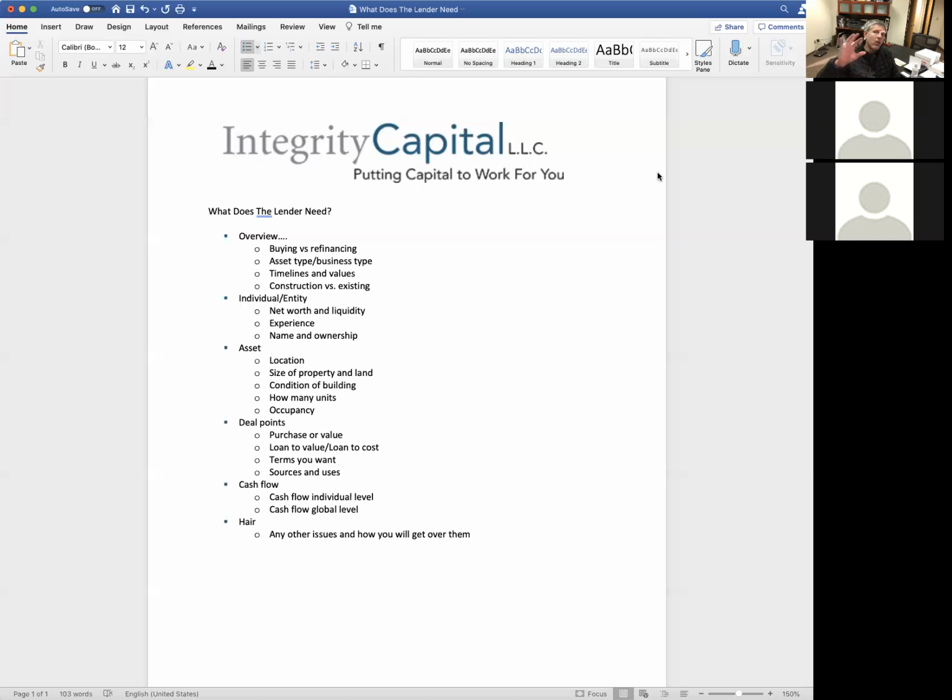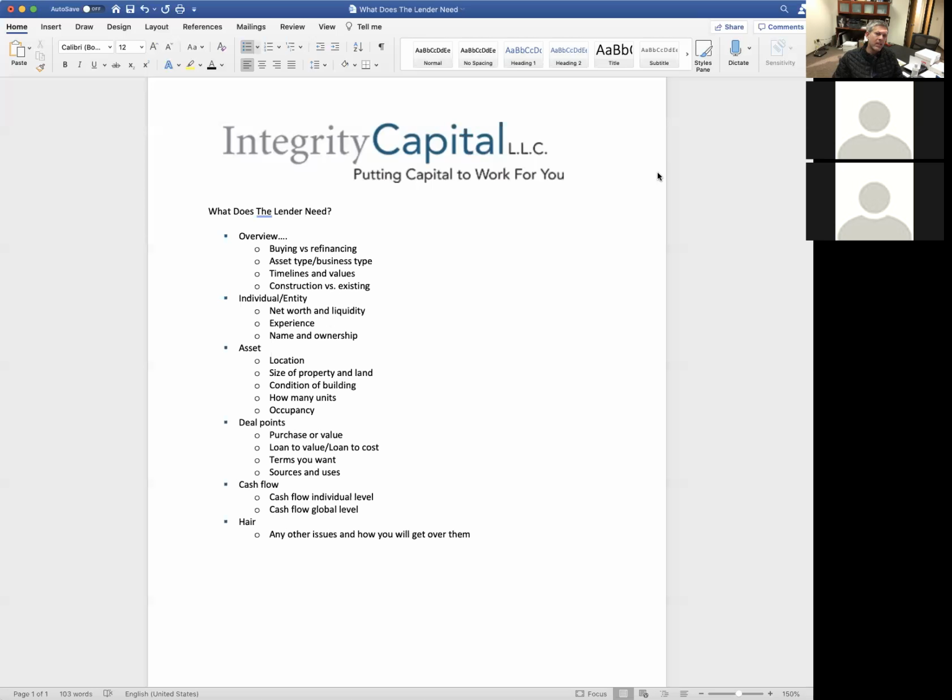There could certainly be other elements to add, but this is the bare bones of the overview: buying versus refinancing, the asset or business type, timelines and values, and construction versus existing. Does that make sense? Any questions on that at all? No. Okay.